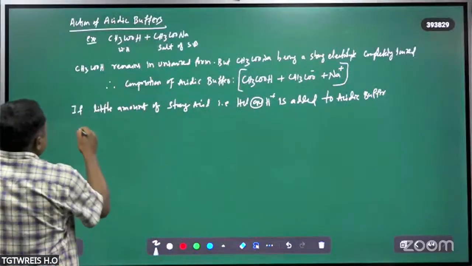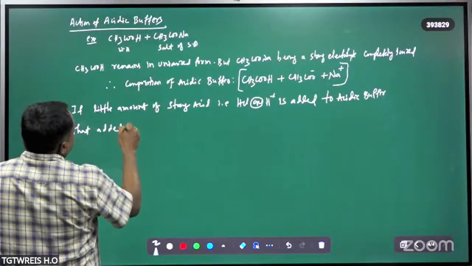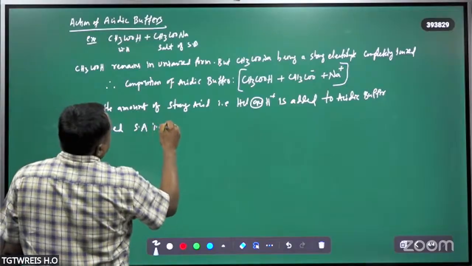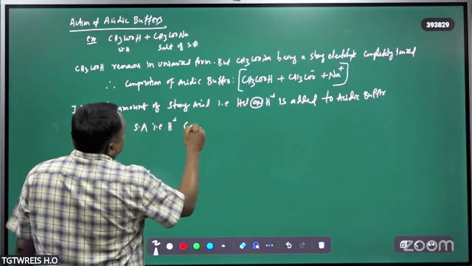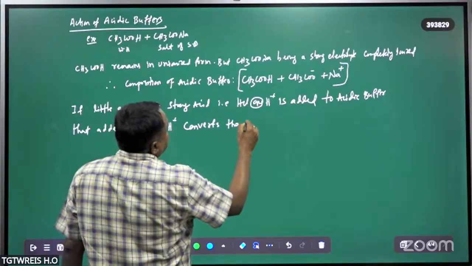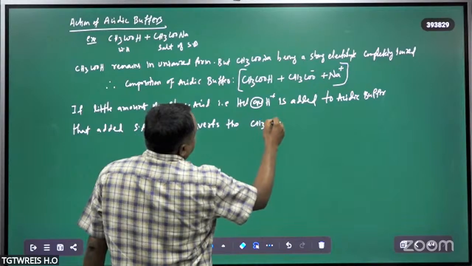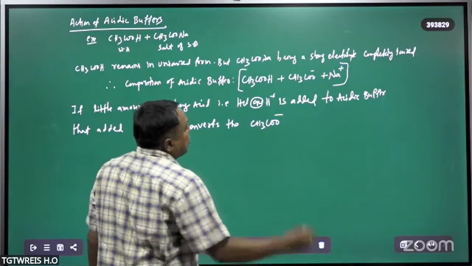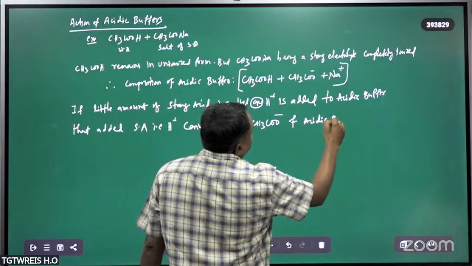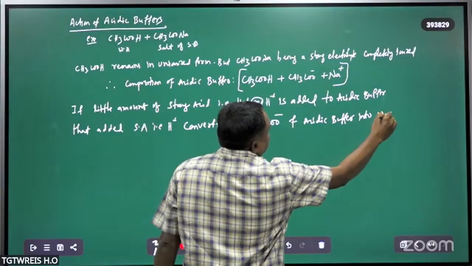That added strong acid, that is H plus, converts the CH3COO minus of the acidic buffer into weak acid.